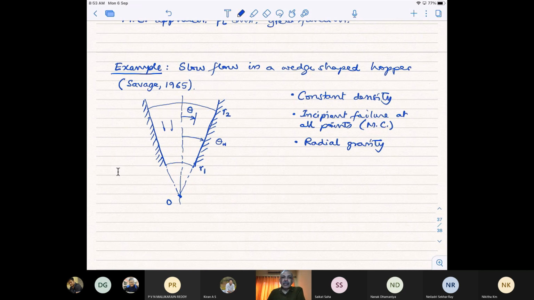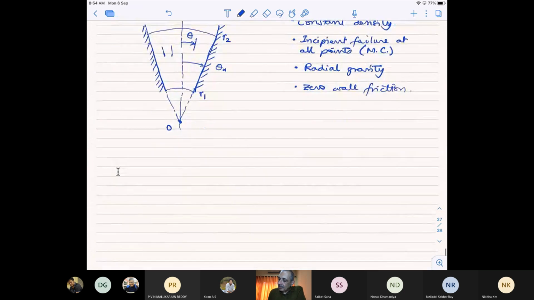This is just a mathematical simplification, because once you assume this, then instead of g cos theta, the gravity term just becomes g. So your theta gets eliminated. So this is a great simplification. And we also assume zero wall friction. So there is no shear stress acting on the side walls.